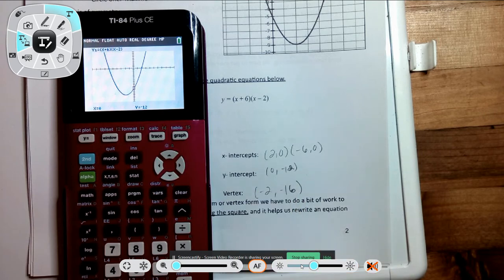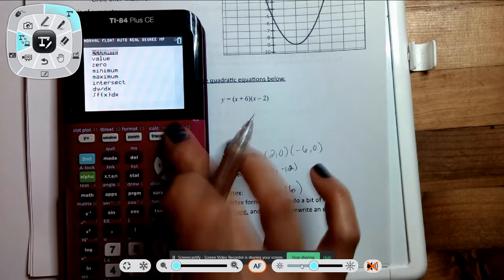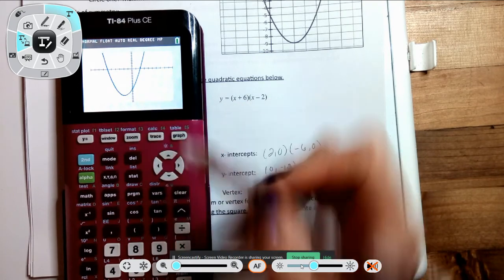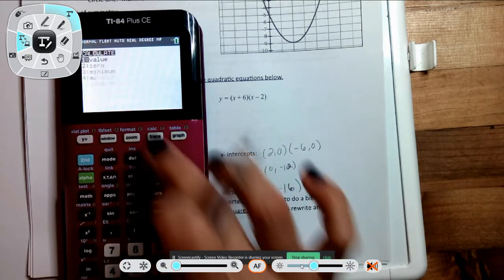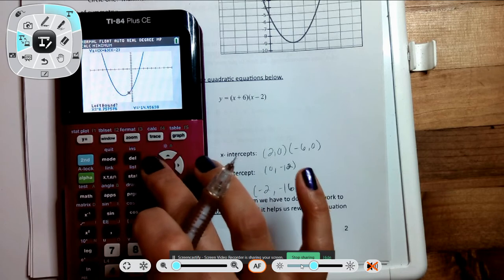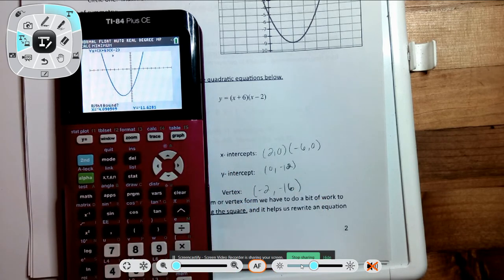The other thing I can do is I can use this calculator function. Now, this graph has a minimum because it has a lowest point. So I'm going to go to my calc functions and I'm going to look at the one that says minimum. Okay, now all we're going to do here is choose any point on the left side of my graph and hit enter.